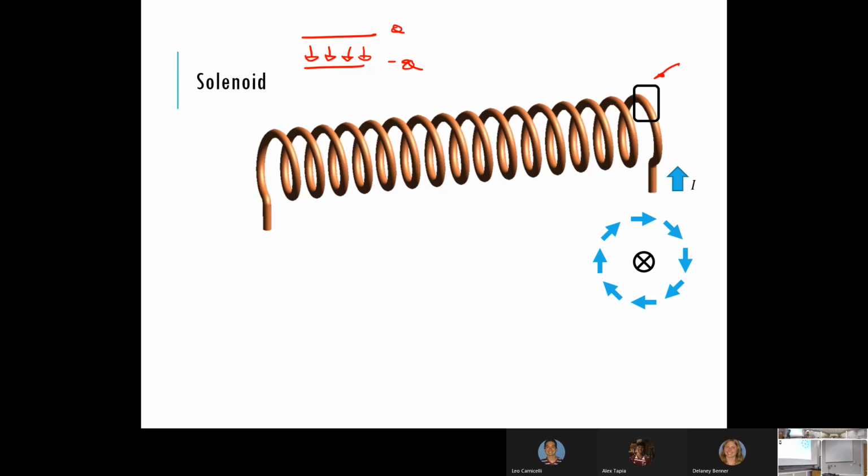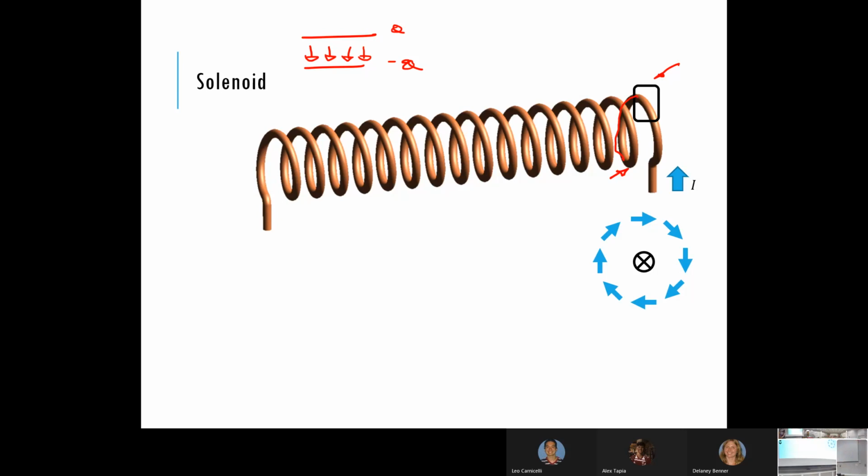Now the current keeps going, right? I send it in, it keeps going around, keeps going around. Then right here at the bottom, what direction is that current now going? Imagine it's going in, it comes around, and now at the bottom of that loop, it's coming out at you.